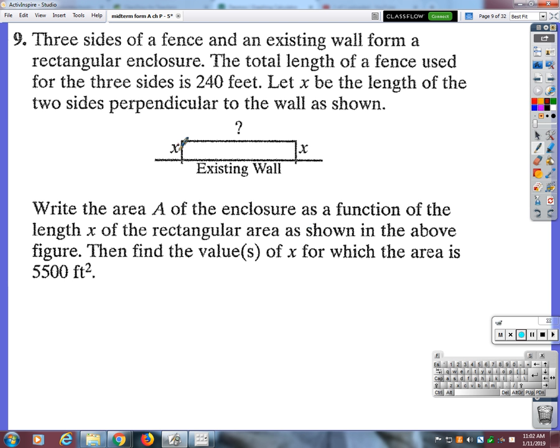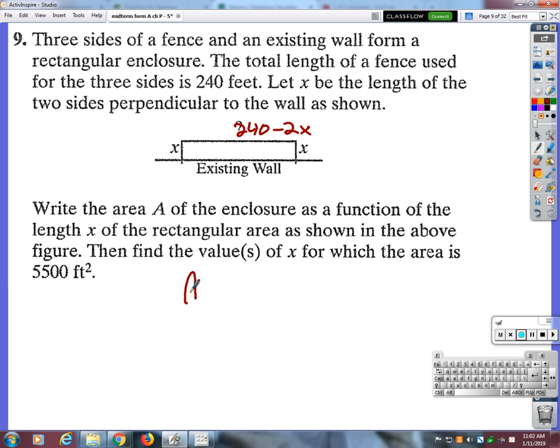If both of these were 10 feet long, how much would I have for this right there? You doubled the 10 and subtracted from 240, right? If both of these were 40 feet long, how much would I have left for that thing there? 160. So if both of those are x feet long, then I would have 240 minus 2 times whatever that length is. Okay?